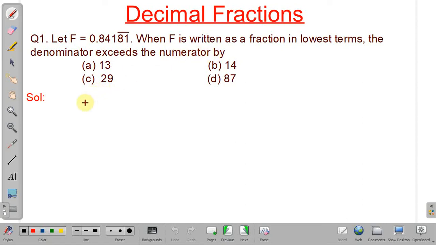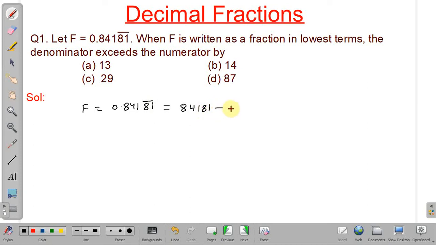So first we have to express F as a fraction. So F is equal to 0.84181. In this 81 is repeating, and this can be reduced to fraction by, see, whatever is after decimal, write all the digits once. So 84181, even you have to write the repeating digits only one time.